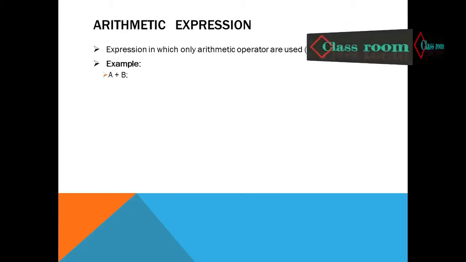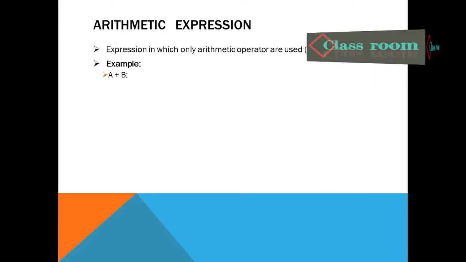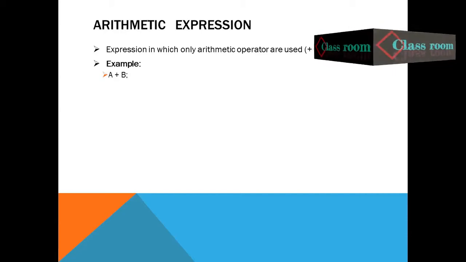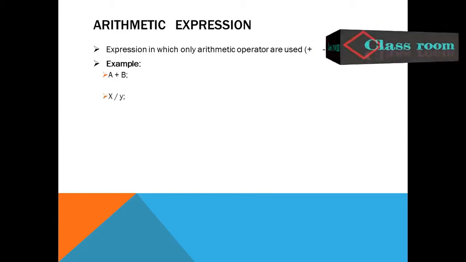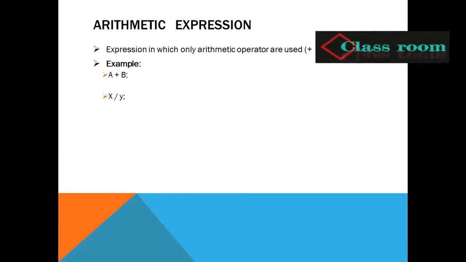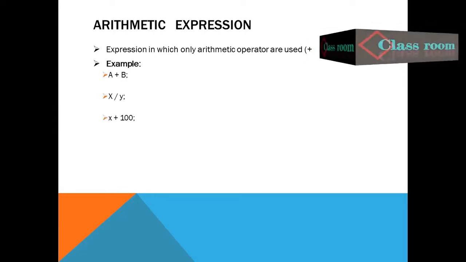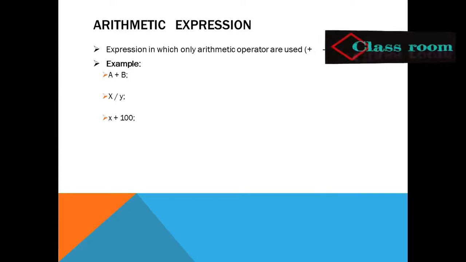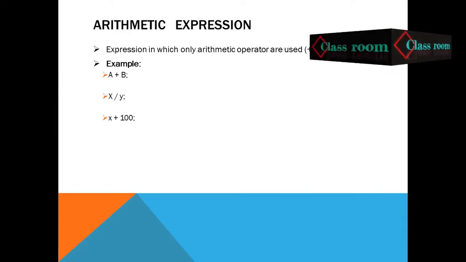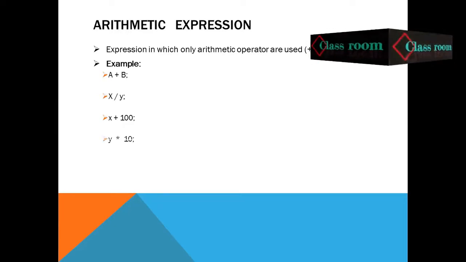For example, a plus b: a is a variable and b is also a variable. The operator is plus, which is an arithmetic operator. X divided by y: here division is the arithmetic operator, and x and y can be constants or variables. X plus 100: here plus is again an arithmetic operator, x is a variable, and 100 is a constant or a value.